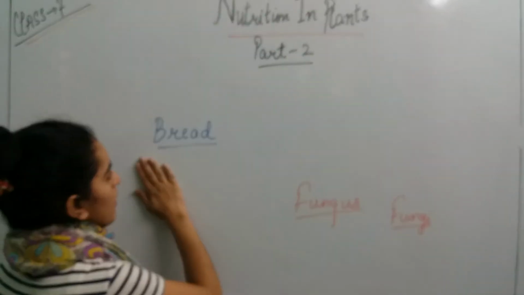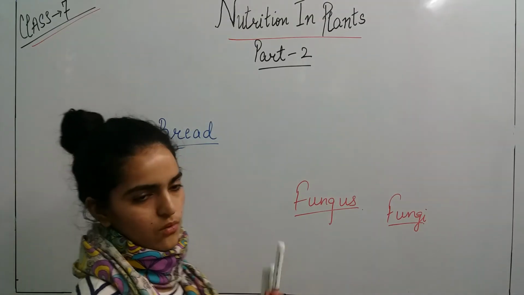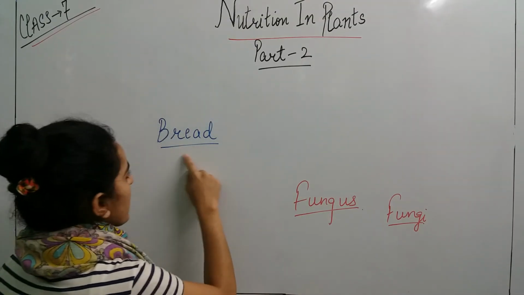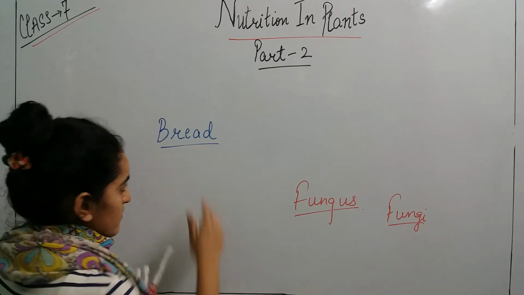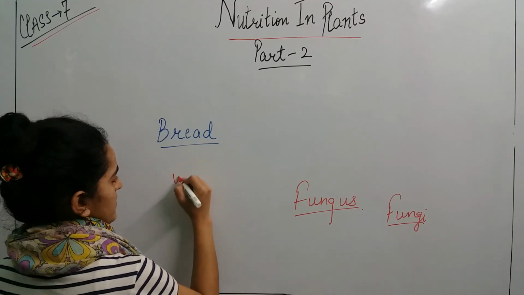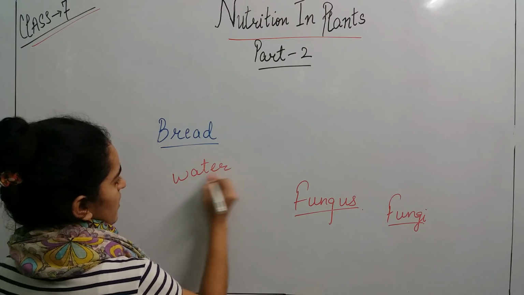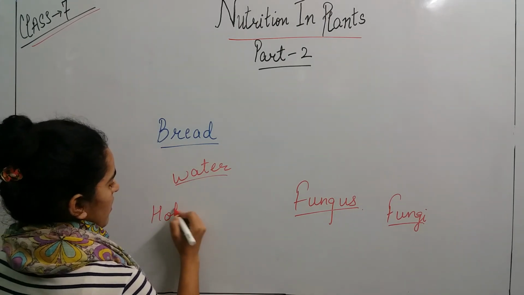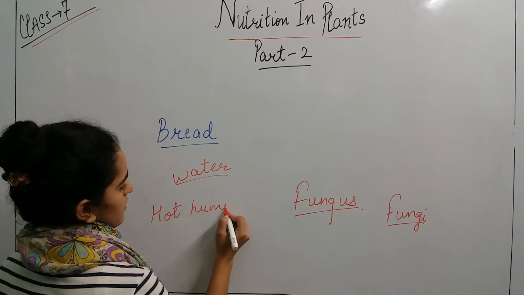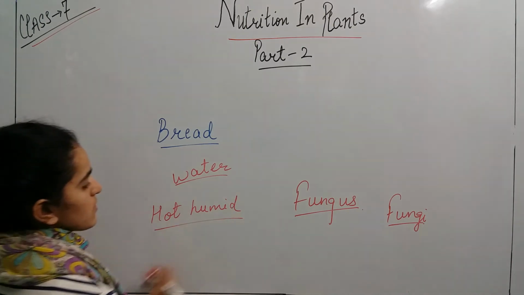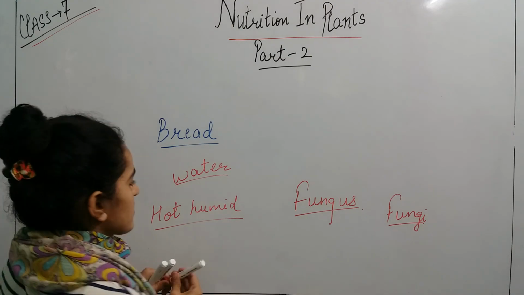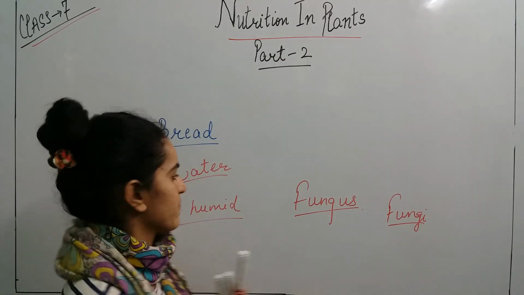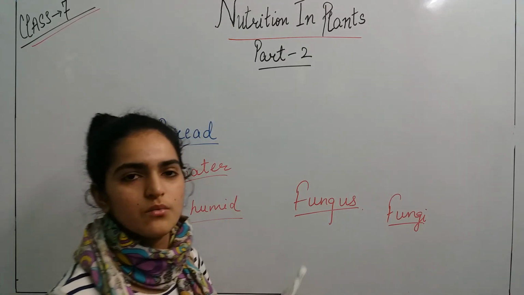Okay, take 2-3 pieces or however many you want. Take them and dip them in some water, and keep them in a hot, humid place where humidity should be there. What is humidity? We call it humid, humus.